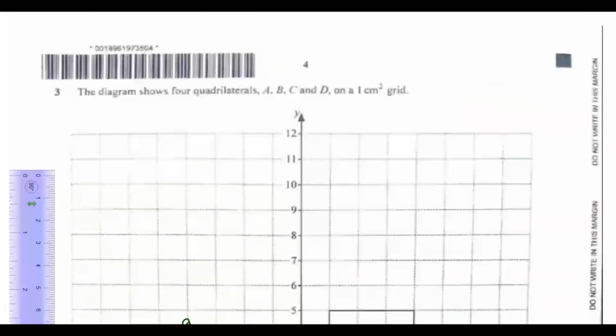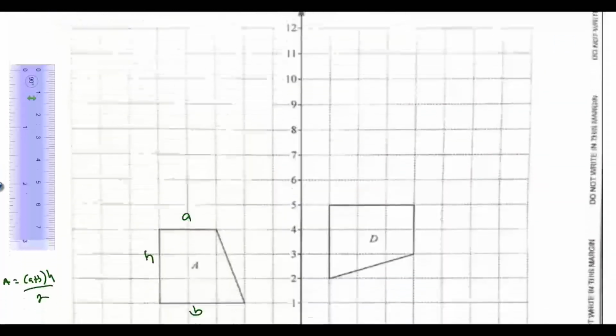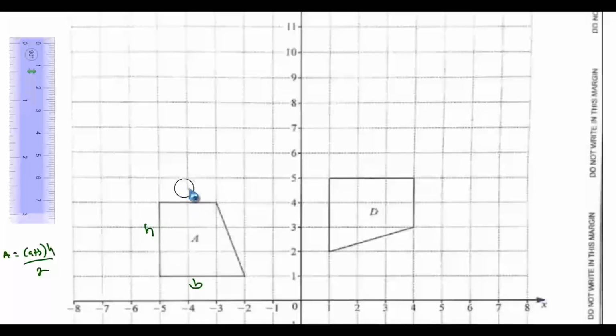If we go back to the diagram, we already know that this is 2 centimeters and this is 3 centimeters. You need to place your ruler here and measure this side.